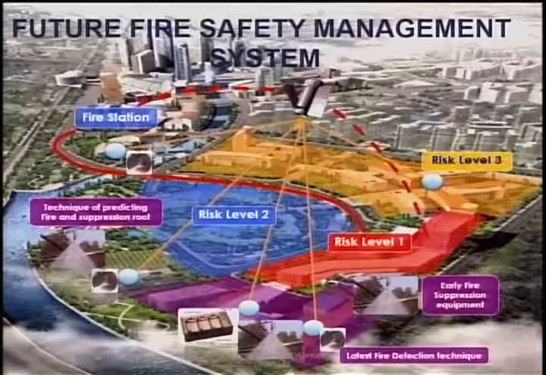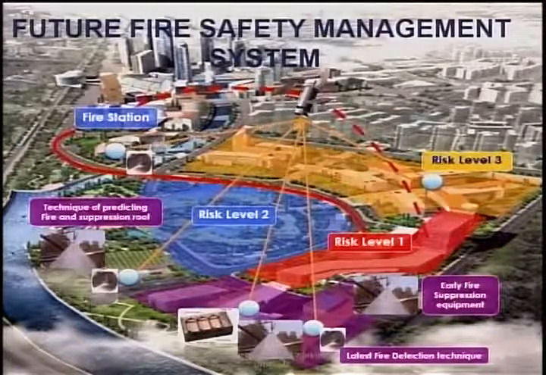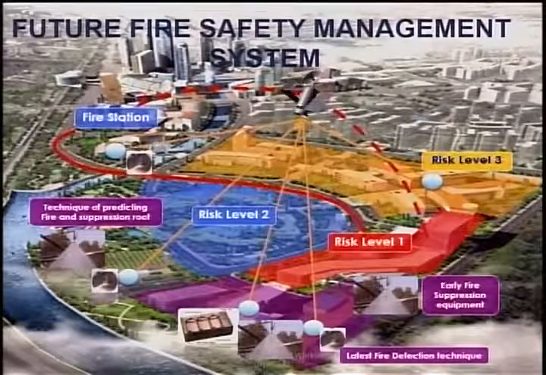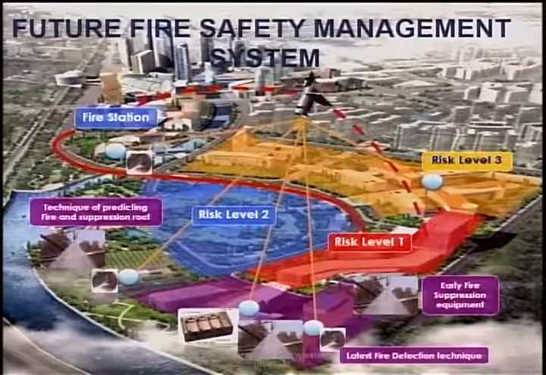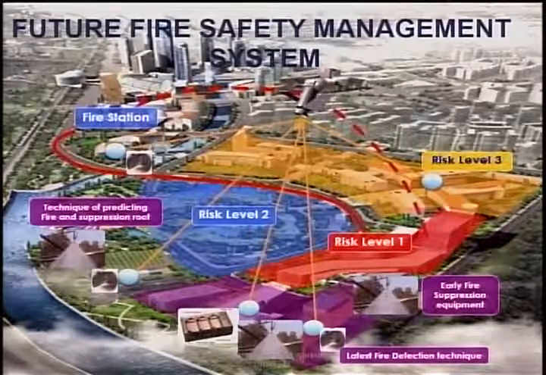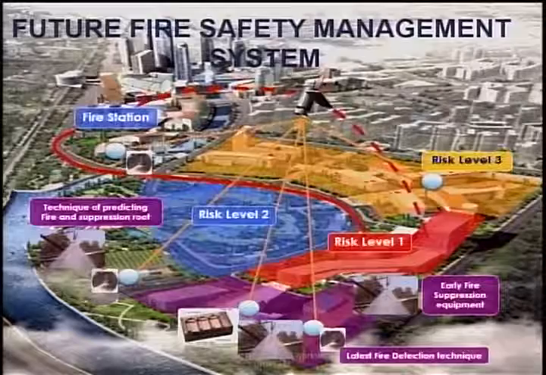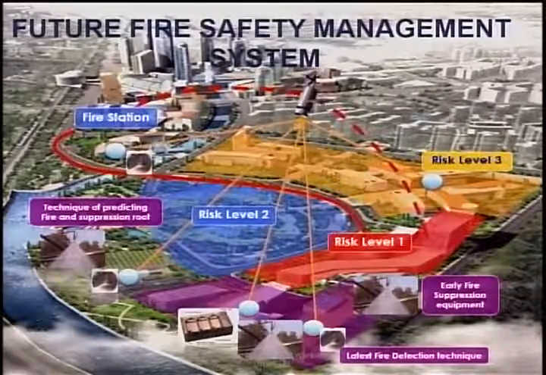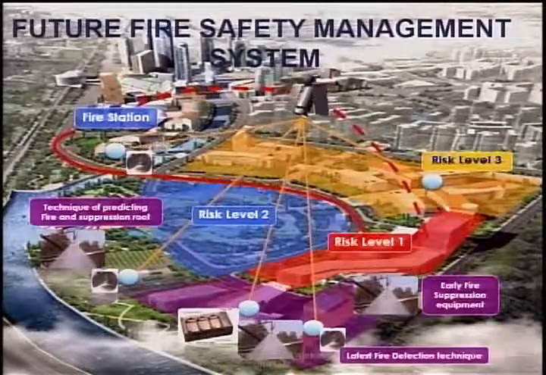And from here, we know exactly that the fire is taking place, and of course, the fire brigades have to go at an early time before the fire spreads. Because we are living now in mega cities. It will be difficult to go to the place where the fire is, let's say, in Sao Paulo or New York or London. That would be very, very difficult.